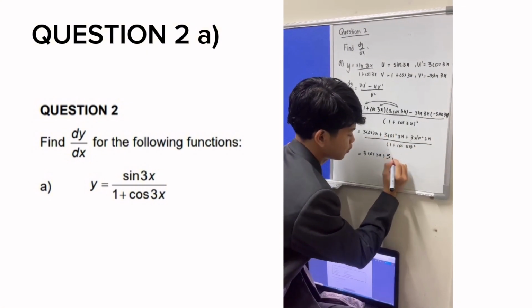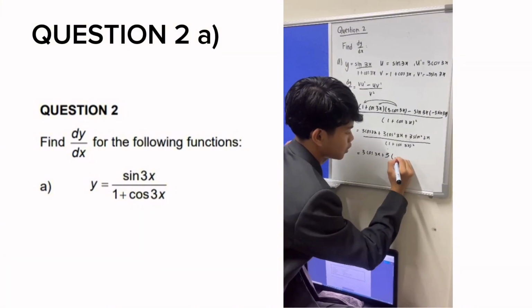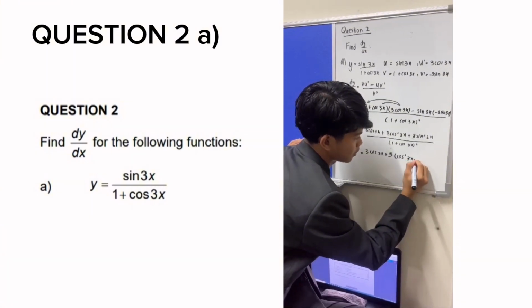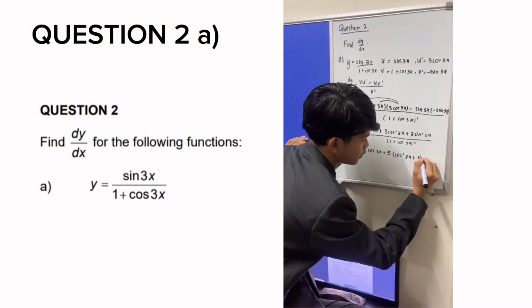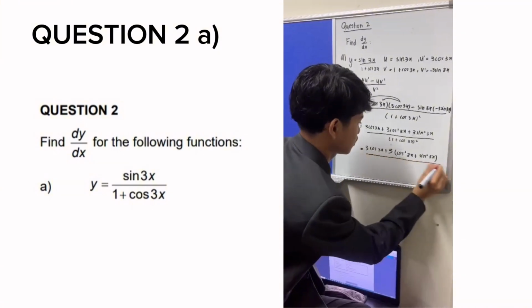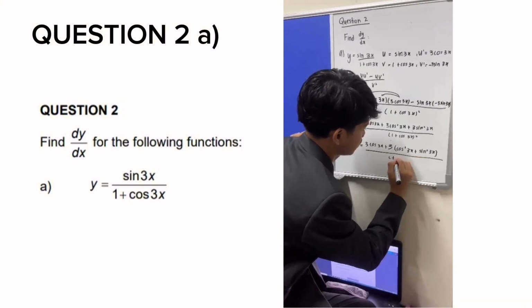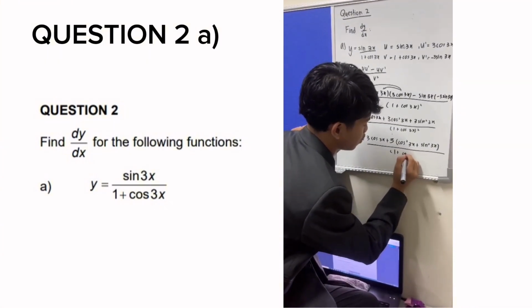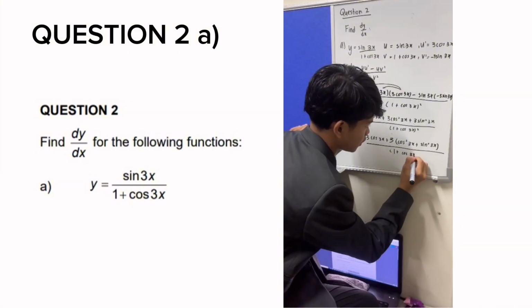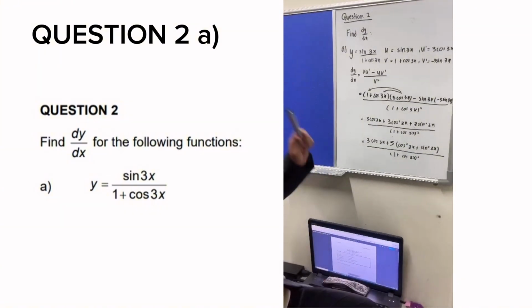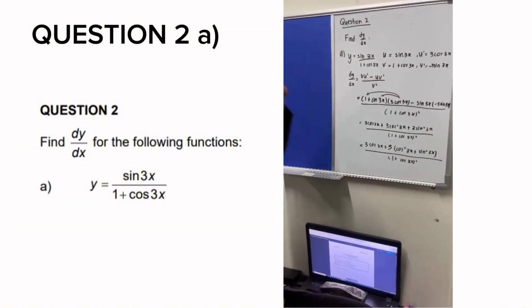You put 3 outside, and cos squared 3x plus sine squared 3x, over (1 plus cos 3x) squared. Okay, once you get to this, I'll explain about it.